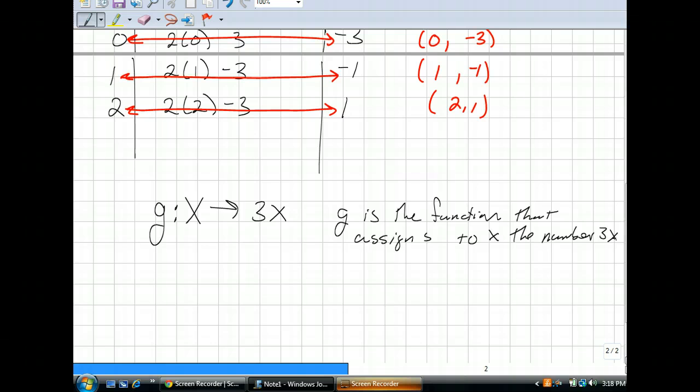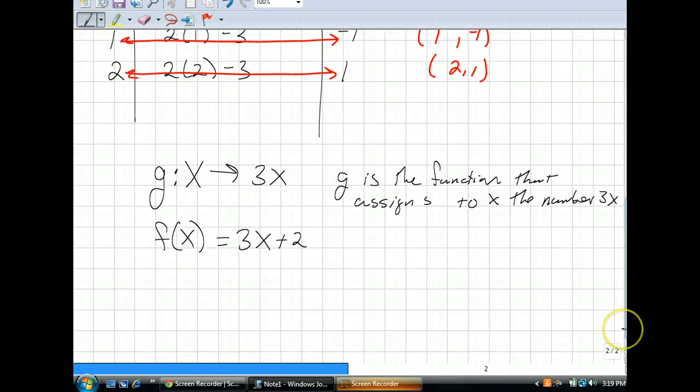Okay, another way to do function notation, and this is the more common way, f of x is equal to 3x plus 2. Okay, so that's the more common form. And notice that if I just replaced the f of x with a y, then we really just have the equation of a line there, okay?